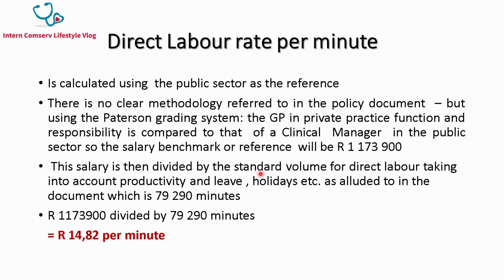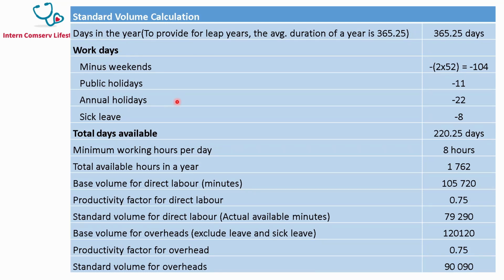So the salary benchmark or reference will be 1,173,900. This salary is then divided by the standard volume for direct labor, taking into account productivity, leave, holidays, etc., as alluded to in the document. So this value is 79,290 minutes.